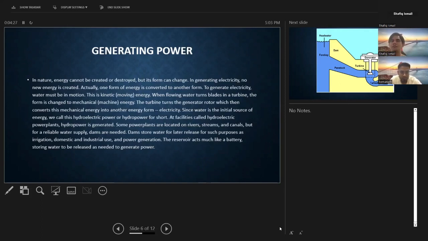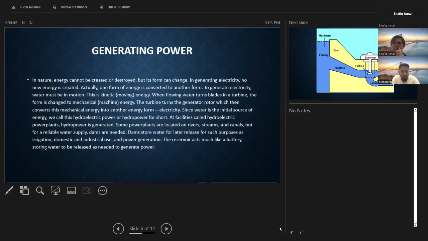So the next is the turbine, the rotor, which converts mechanical energy into electrical energy, since water is the initial source of the energy.